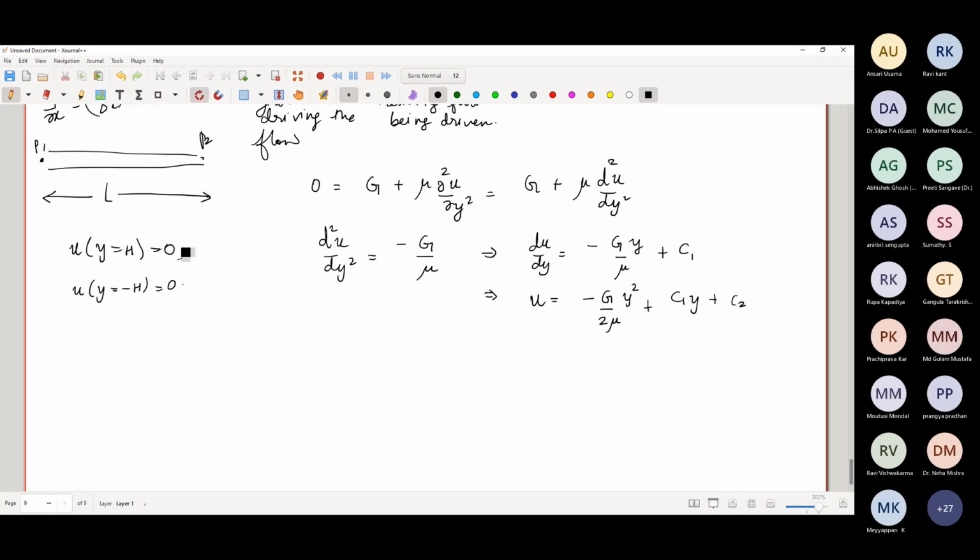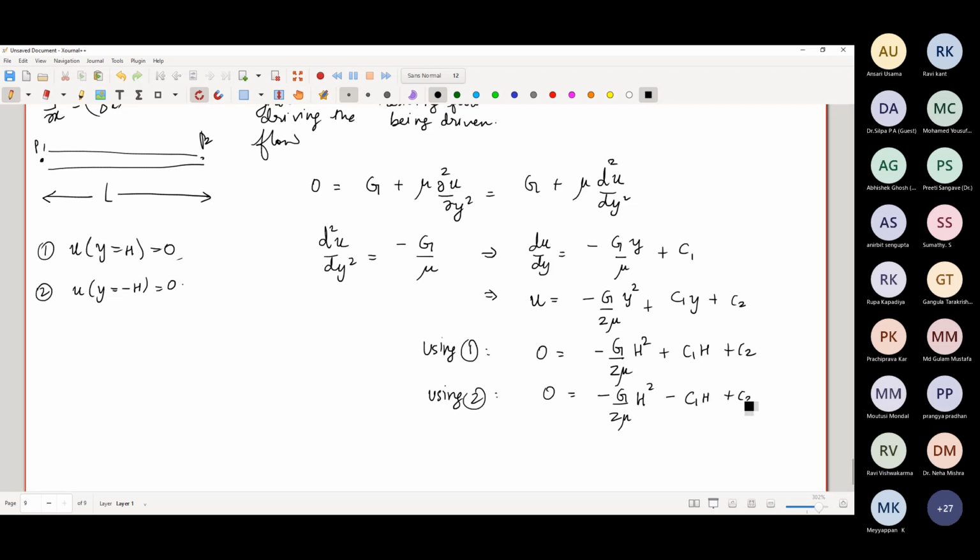Let's do that. If I call these 1 and 2, then using 1, 0 is equal to minus G over 2 mu h square plus c1h plus c2, and using 2, 0 is equal to minus G over 2 mu h square minus c1h plus c2.